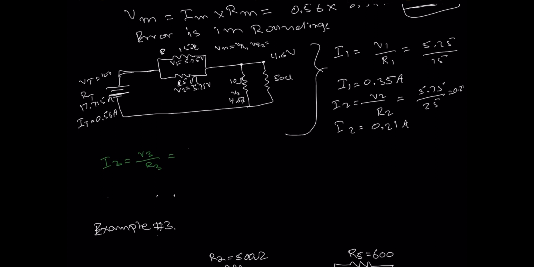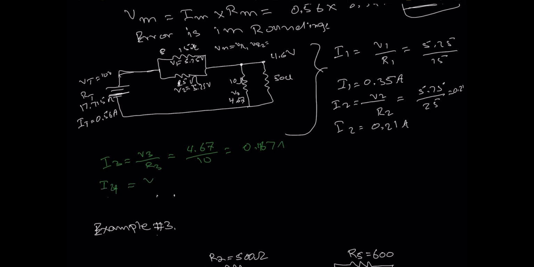So V3 is 4.67 divided by 10. It will give me 0.467 amp.